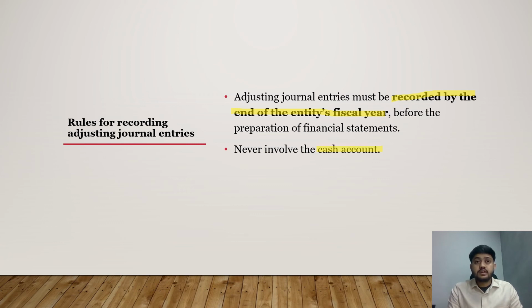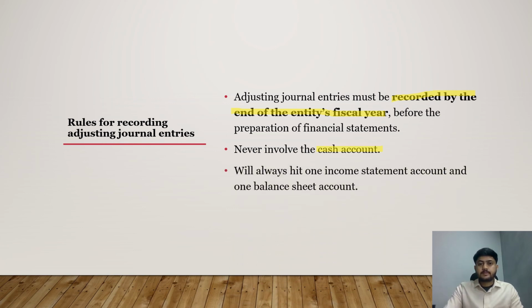The adjusting general entry in that case was crediting revenue and debiting unearned revenue when you have actually earned that revenue. So adjusting general entries are used to accrue or book revenues or expenses. So it never involves cash. Then the last rule is that it will always hit one income statement account and one balance sheet account.